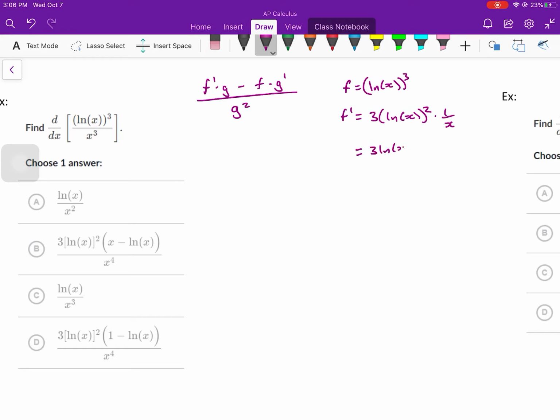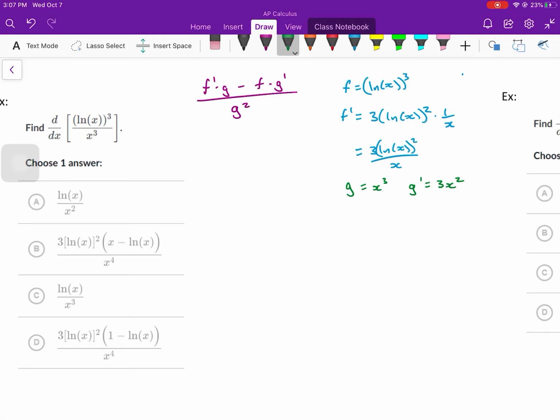So it'll be 3 natural log of x squared over x. All right. Then g is x cubed, so g prime is 3x squared.